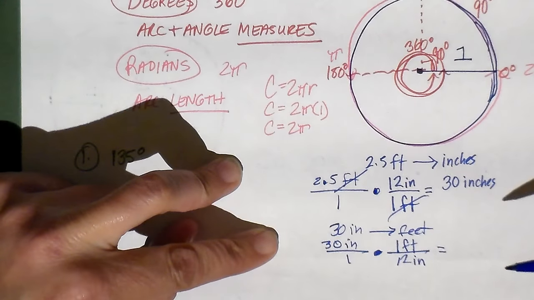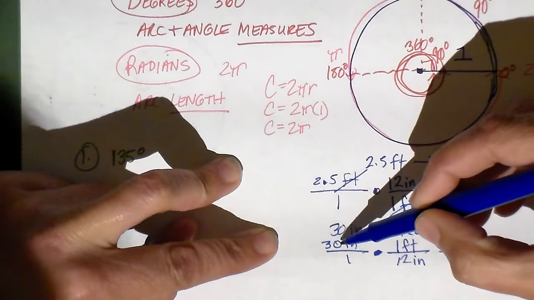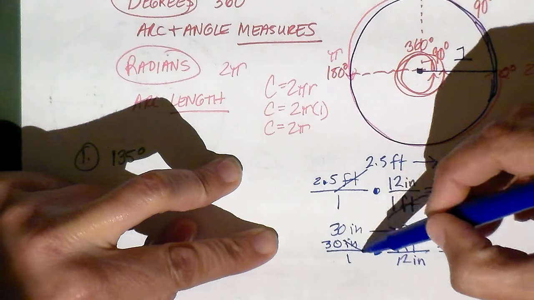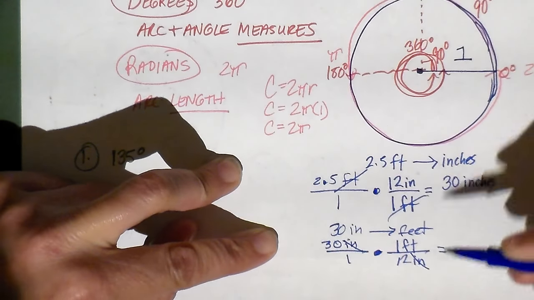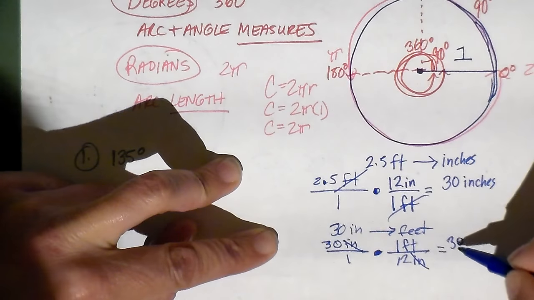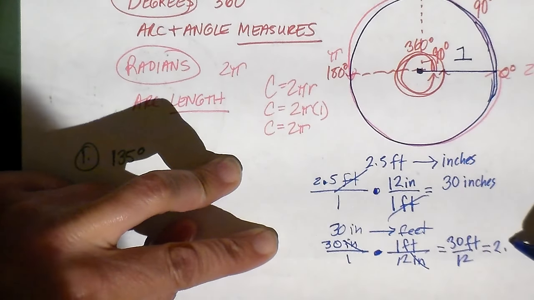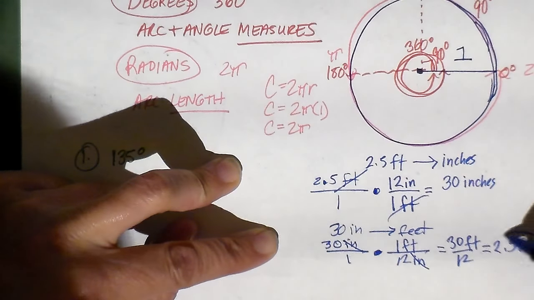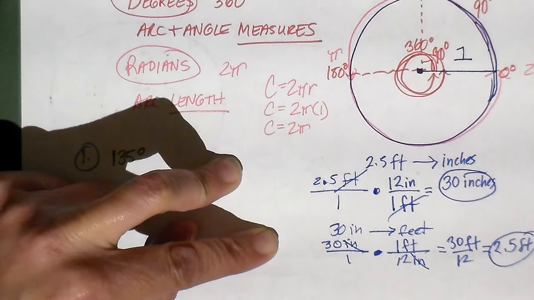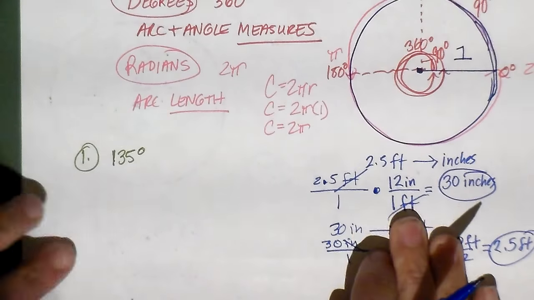You can't answer me and I can't hear you, but I'm going to assume you said yes. So 30 inches times 1 foot, again, we would have inches times feet on the top and inches times inches on the bottom. So I'm going to end up with 30 feet over 12, and that's going to equal 2.5 feet. So you can see how I perform those conversions. I use conversion factors.